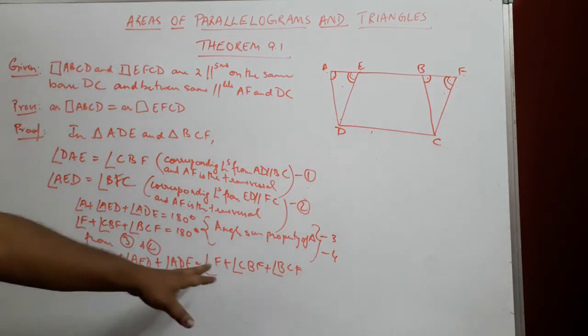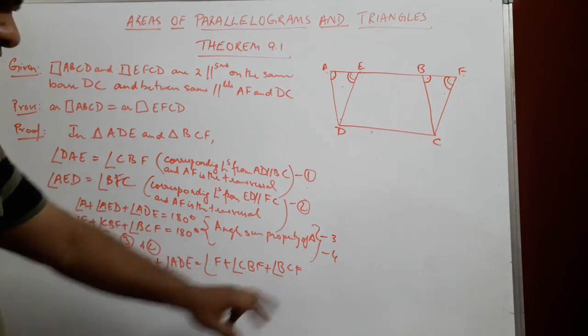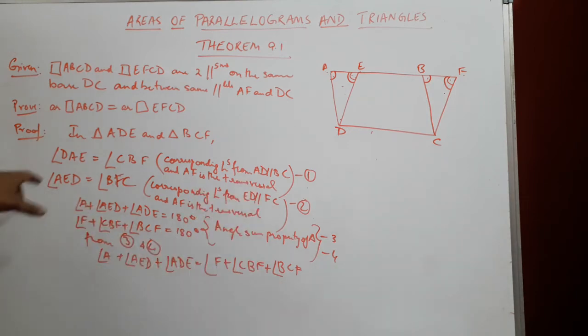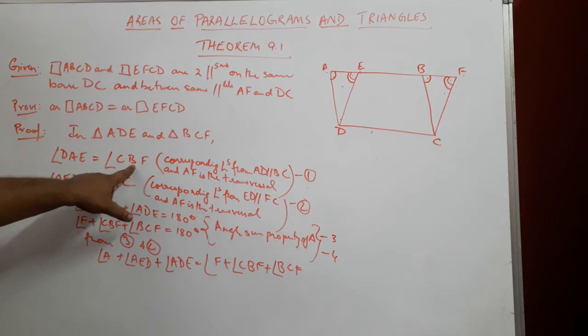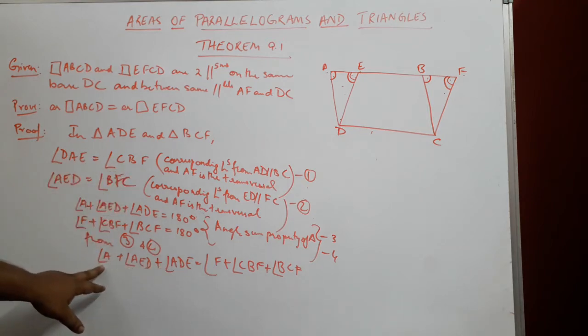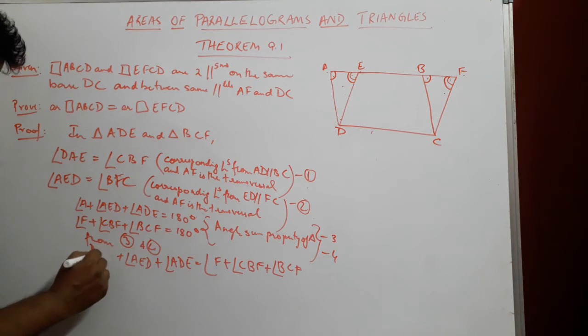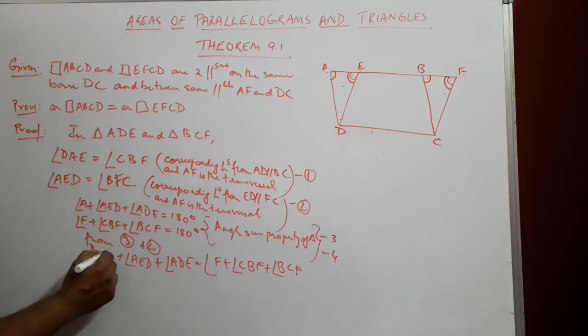Why are they equal? Because both of them are equal to 180 degrees, right? So they both become equal to each other. But we also know that angle DAE is equal to CBF. So where is DAE? DAE becomes actually here. So in place of angle A, I can write this as angle DAE, right?